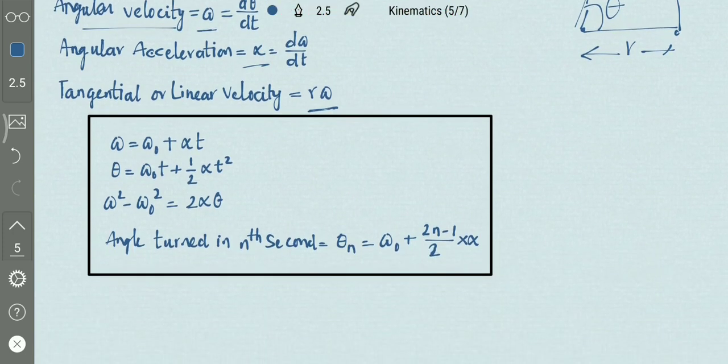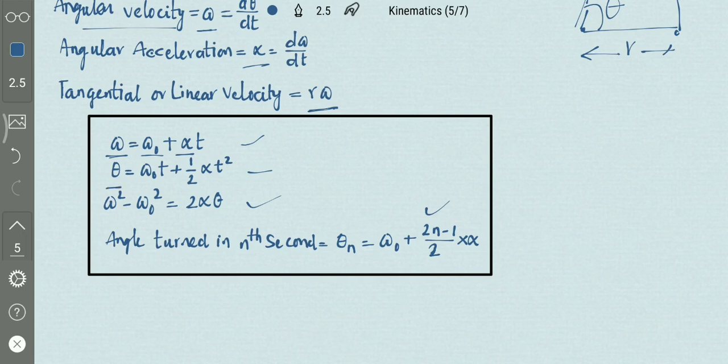See, same as linear motion, the curvilinear motion has equations. These are all 4 equations. Final angular velocity is equal to initial angular velocity plus angular acceleration into time.